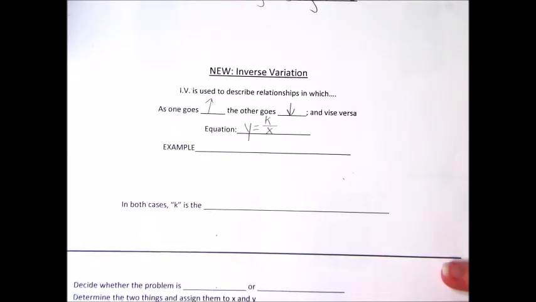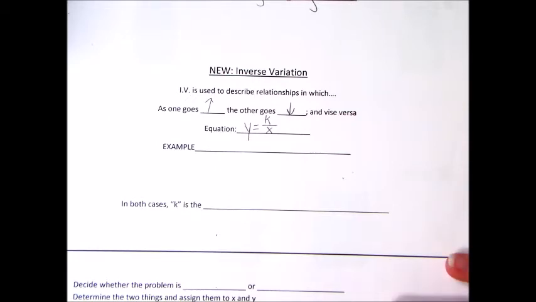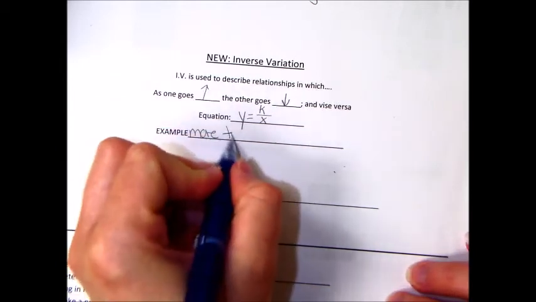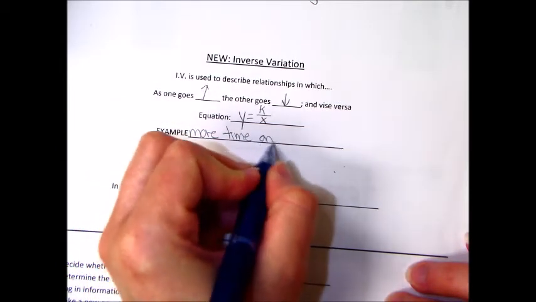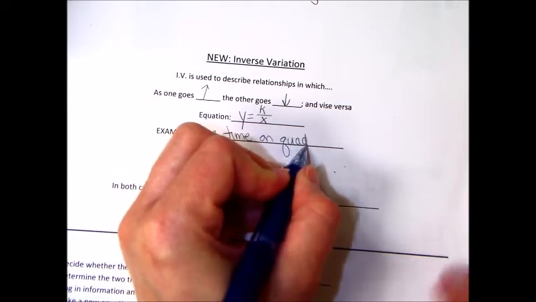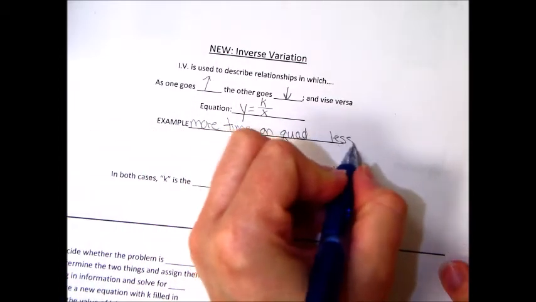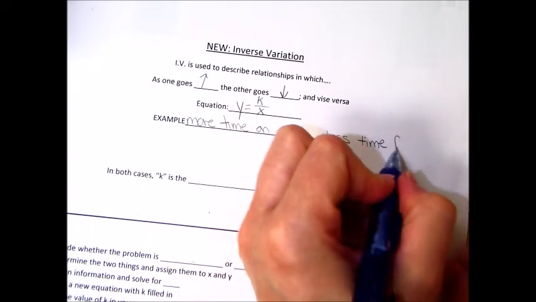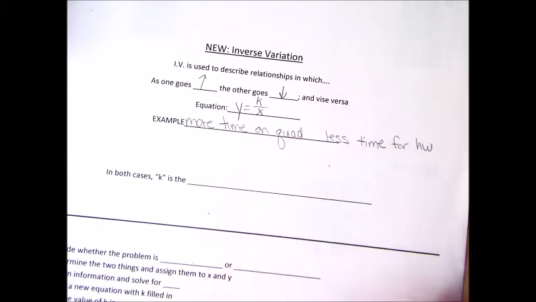Maybe a good example would be the more time you spend on your quad, the less time you have, and yeah, I am speaking to some of you in particular, the less time you have for your homework. Look at that. That's an inverse variation problem.